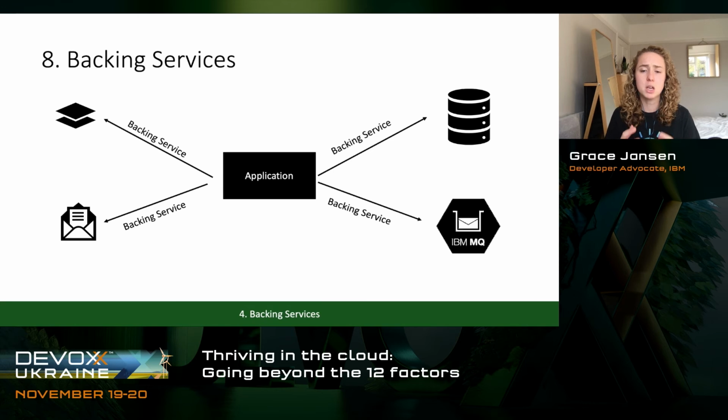So this factor is really all about treating these various backing services as bound or attached resources. We should be making no distinction between local and third-party services. They should all be treated as bound or attached resources, and we can attach them via the use of URLs that can be stored in our application's config.